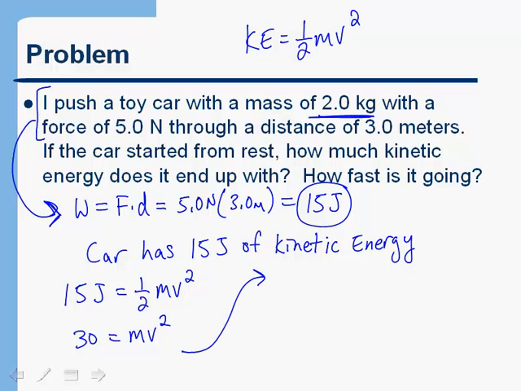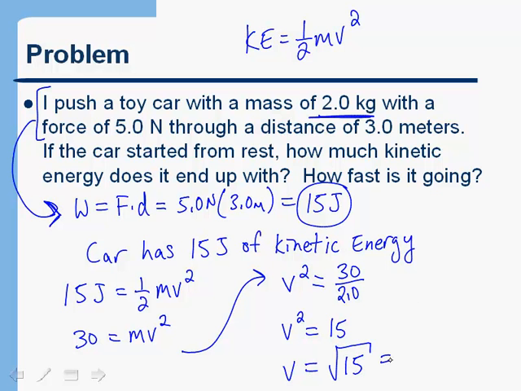And I'm going to just flip the direction here. I'm going to reverse the two terms. So v squared is equal to 30 divided by the mass. And the mass is 2 kilograms. So put that in. So I get v squared is equal to 15. And therefore v is equal to the square root of 15.